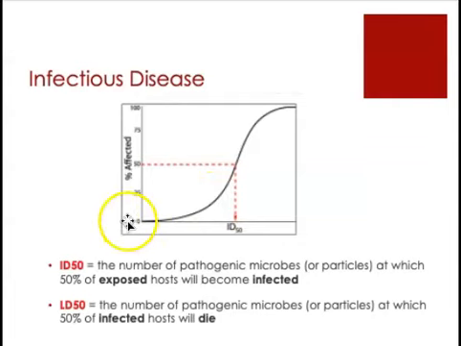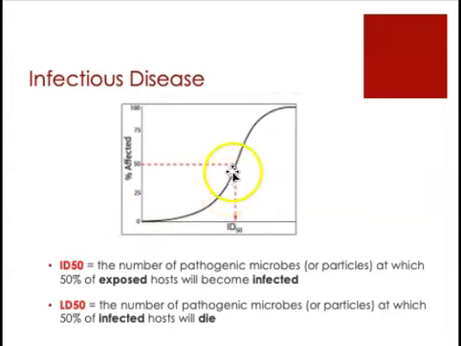So you can see that as the number of pathogenic cells and particles starts to go up, the percentage of those people who are affected also starts to go up. You see this exponential curve for a while.